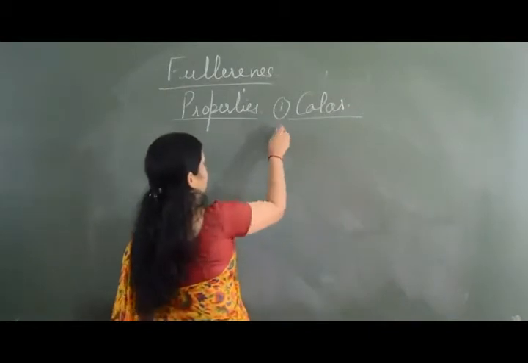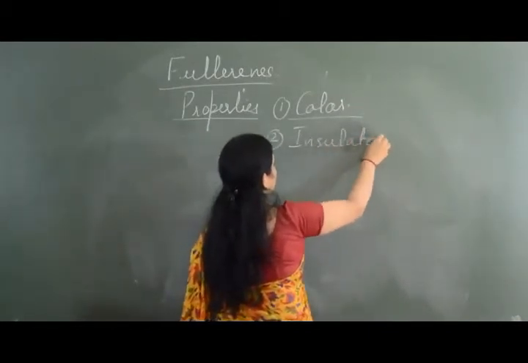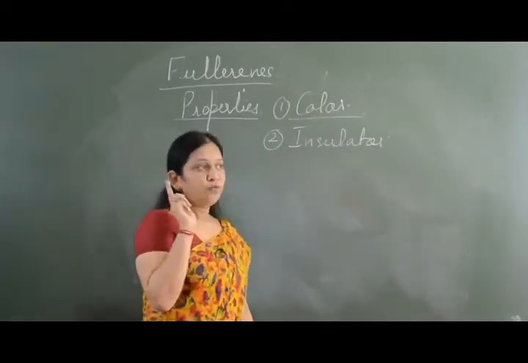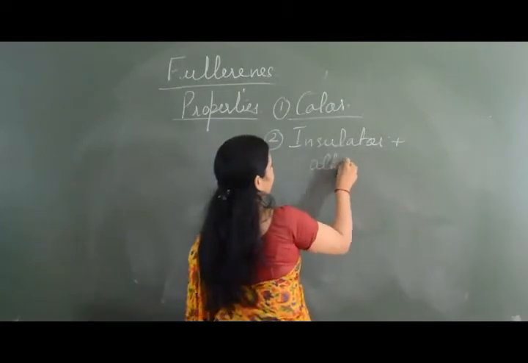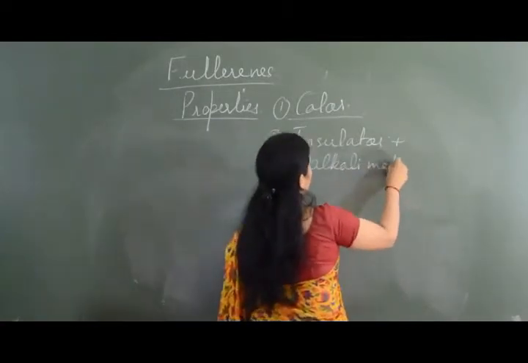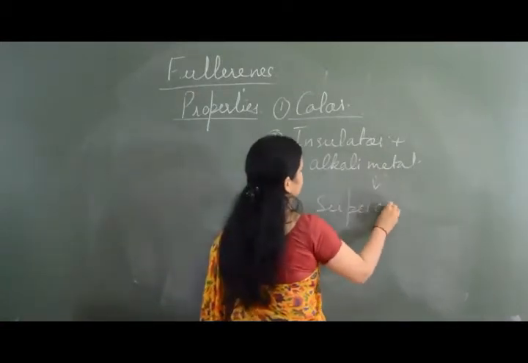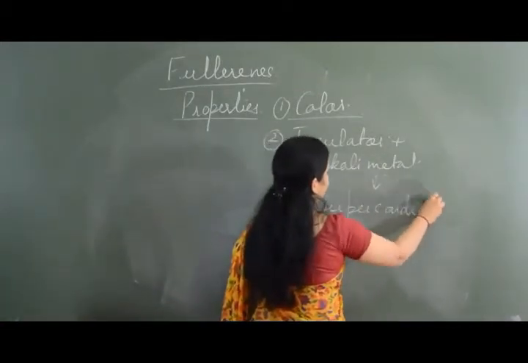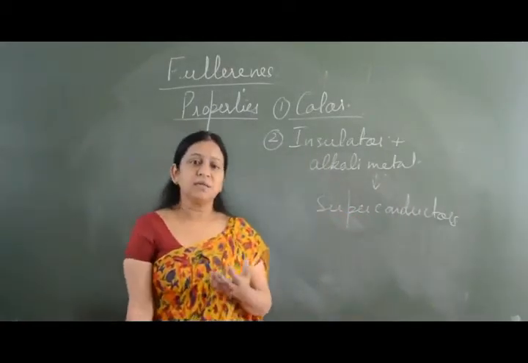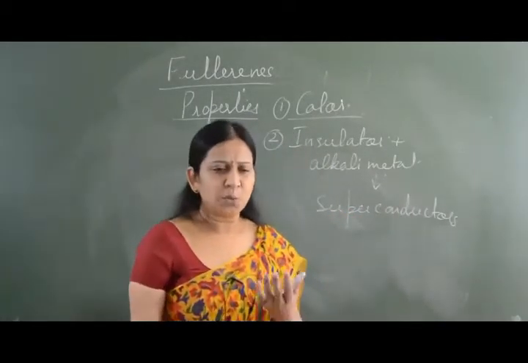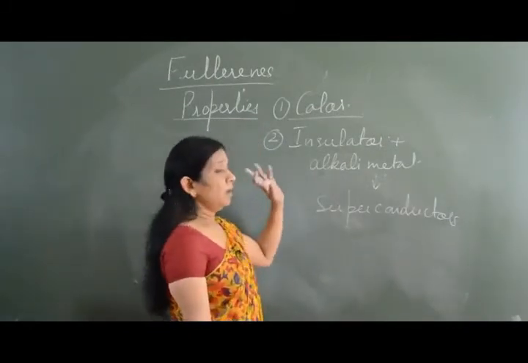The second property is that in the pure state, they function as an insulator. But if we add alkali metal to fullerenes, then they are converted into superconductors. So the second property is that they function as superconductors. Why do they function as superconductors?